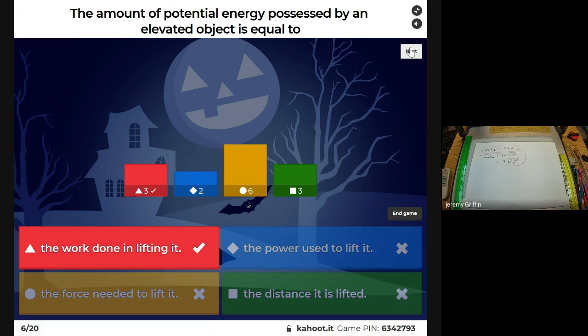Okay, so a couple of perspectives on this. First of all, it's the only even possible right answer because of the amount of potential energy. Guys, what's the unit for potential energy? Joules, right? Work is also measured in joules. But power, that's watts, force is in newtons, and distance is in meters. Okay, but that aside, why would this specifically be true anyway, besides the units?